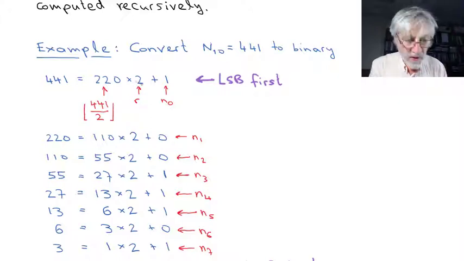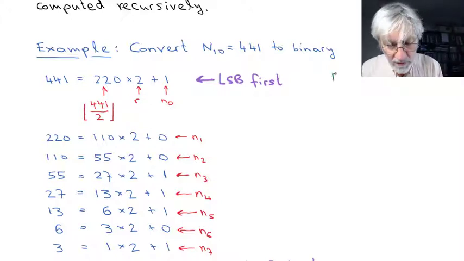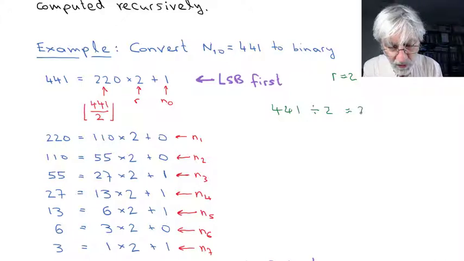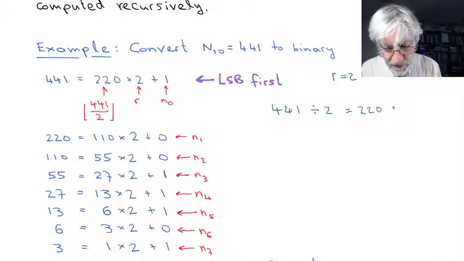That's our radix in this particular case, so we have r equal to 2 now. 441 divided by 2 gives us 220 plus a remainder, which is equal to 1.